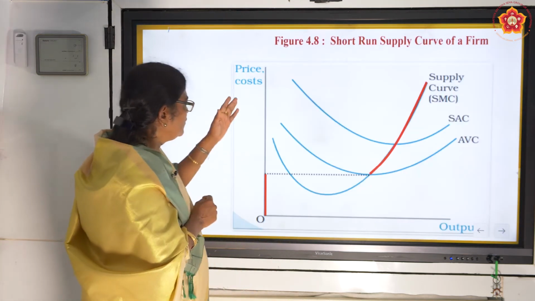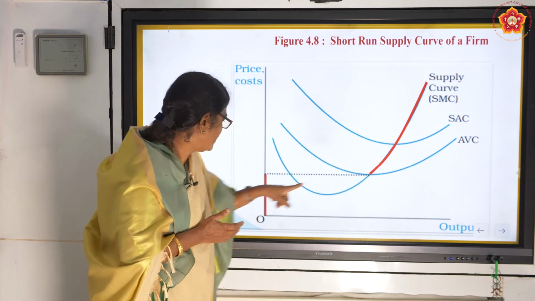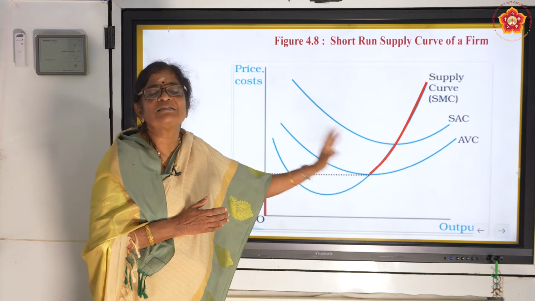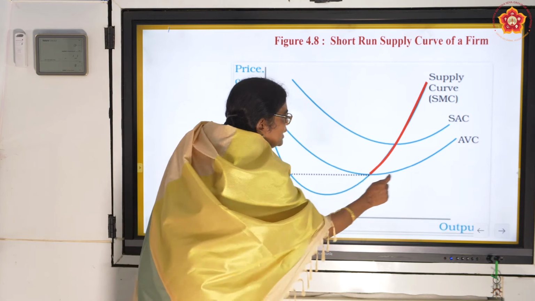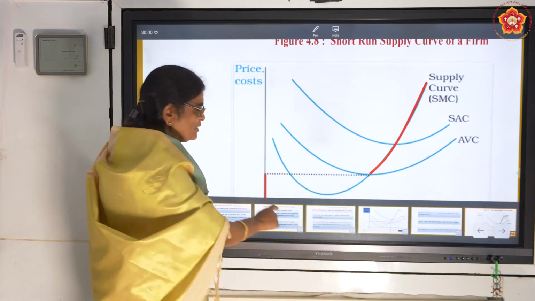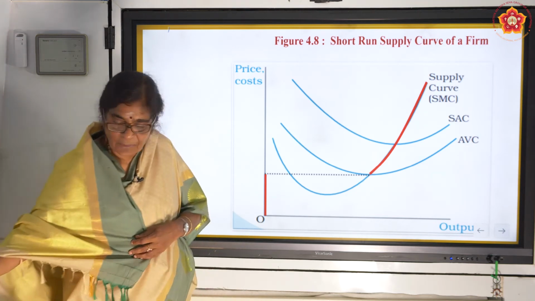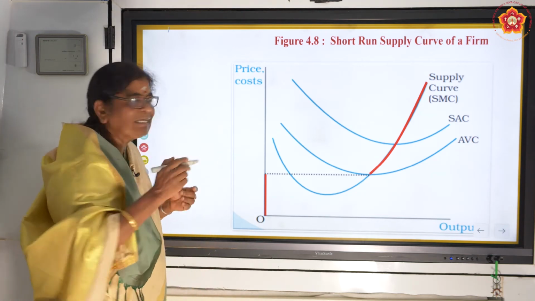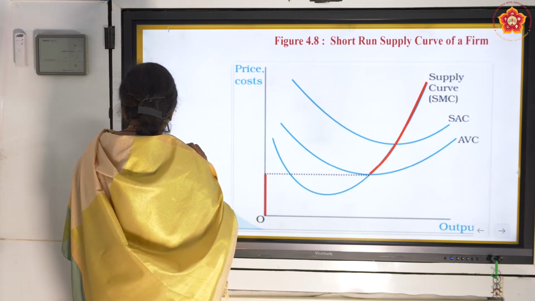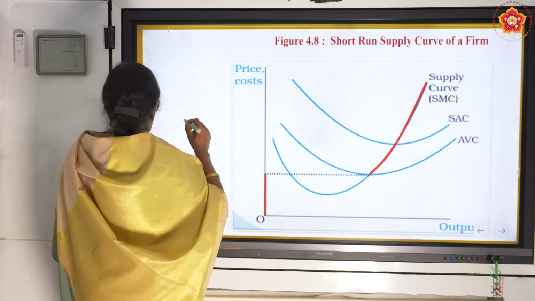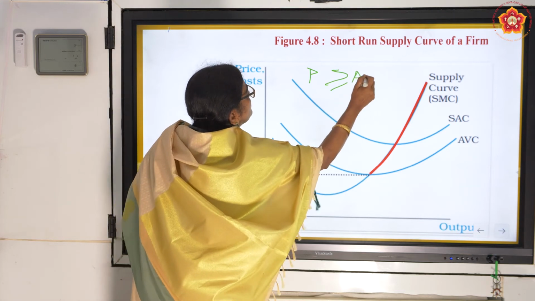And then what is the supply curve? We are deriving the supply curve. This bold red line indicates the supply curve. You can see the price line, this is the price line equivalent to ABC. This is the condition. Now we are bringing the equivalent point here. That means, for the firm to be in the market, at least the price should be equivalent to ABC.